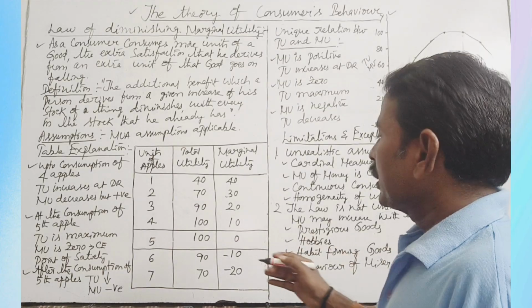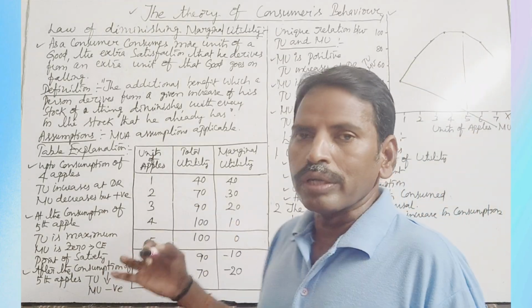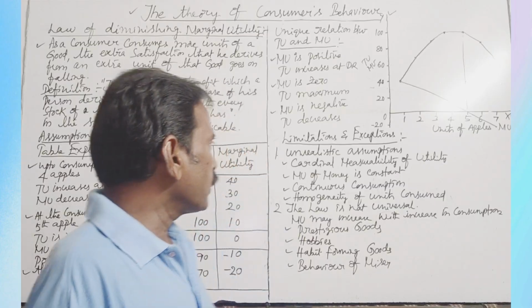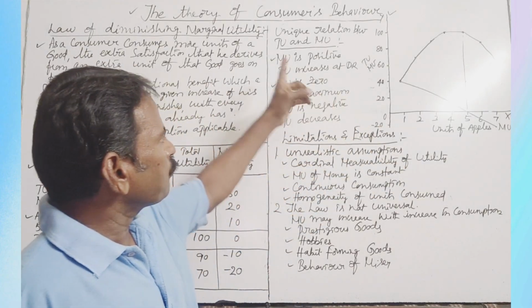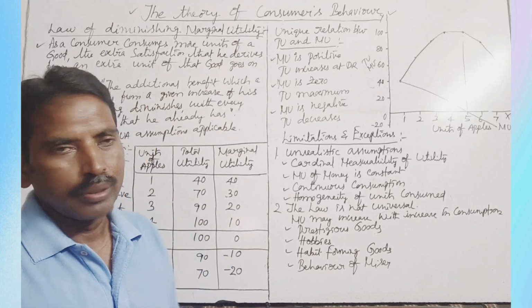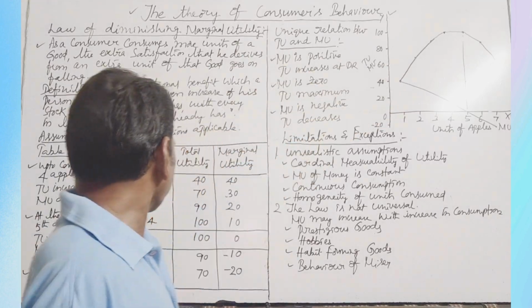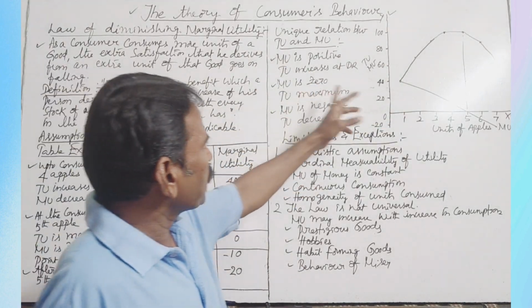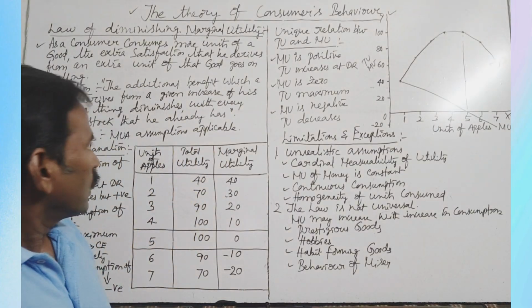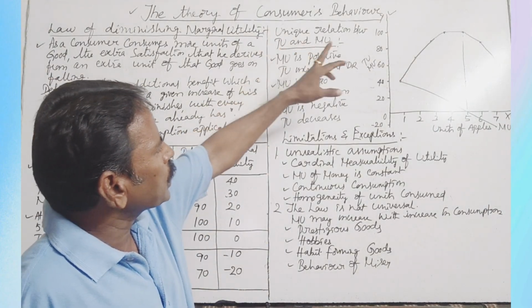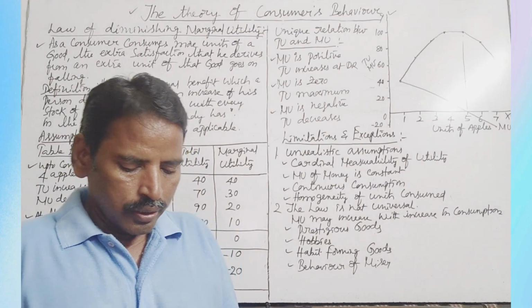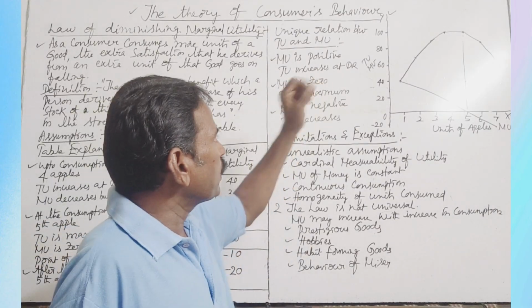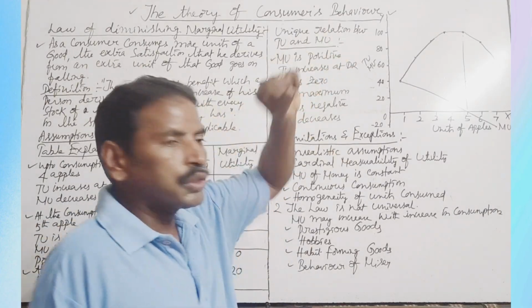So next, based on the information available, we can explain the LDMU with the help of a diagrammatic explanation. There is a unique relation between TU and MU, that is, between total utility and marginal utility.